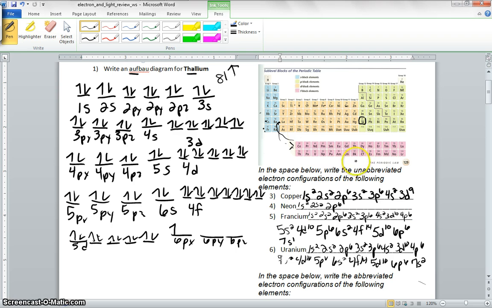Then uranium is right here. So it's going to be actually 5f, 1, 2, 3. 3 would be correct.